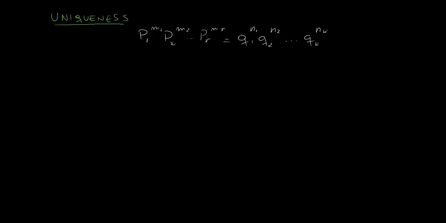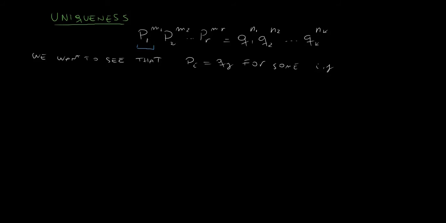What we want to see is that these two representations are the same. So we want to see that pi equals qj for some i and j. Let's first have a look at p1.